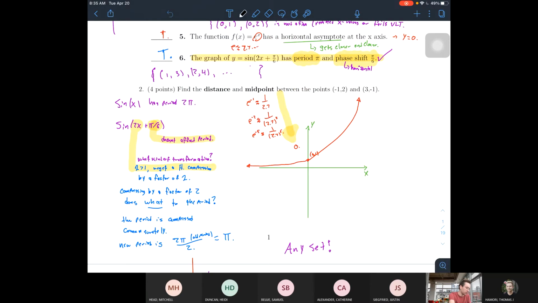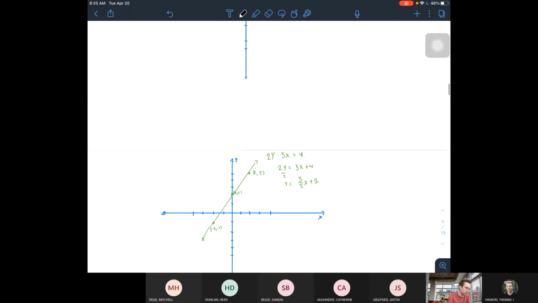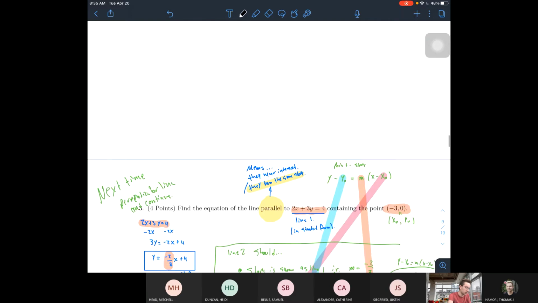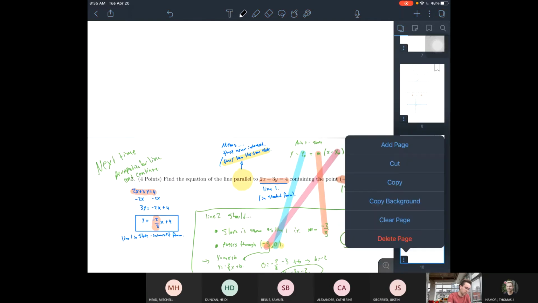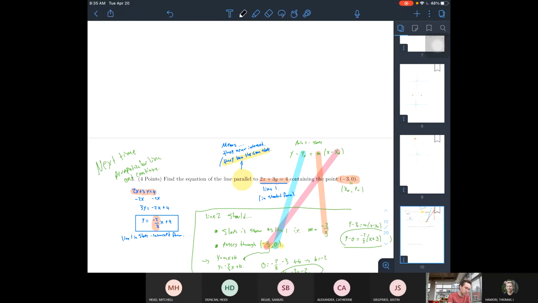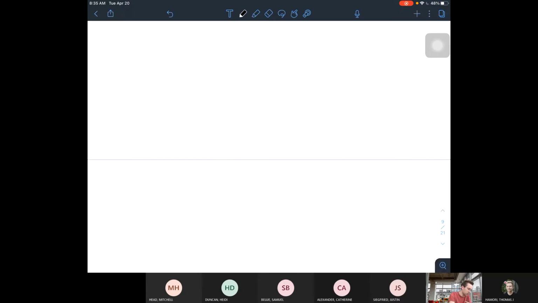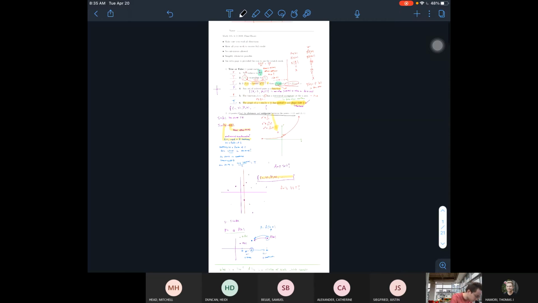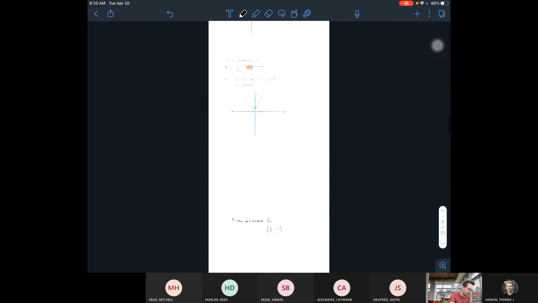Okay, but for now, I'll copy this question down. So distance and midpoint for (-1, 2) and (3, -1). We'll do that one real quick before we move on.